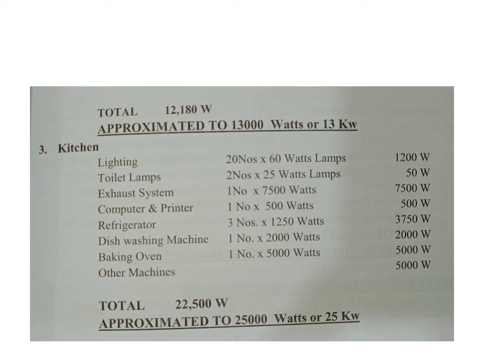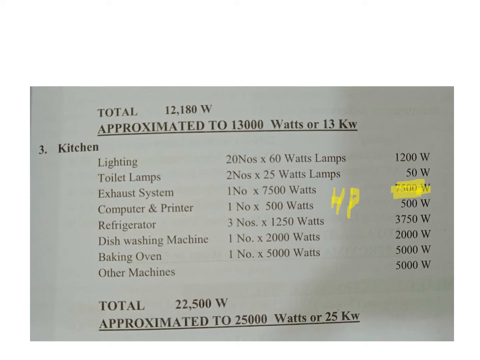Similarly, in the kitchen you have lighting, toilet lamp, exhaust system. You see the exhaust system, they've given a pretty heavy duty load over here. In fact, the load for an exhaust system is measured in HP, horsepower, and 1 horsepower is roughly about 750 watts if I recollect it right.